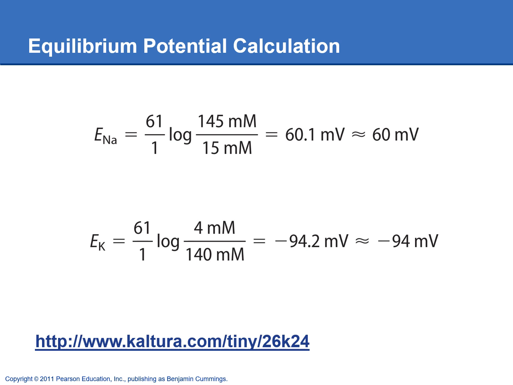So here we have the example of the Nernst equation being used to calculate the equilibrium potentials for sodium and also for potassium. So you can see that the equilibrium potential for sodium is plus 60 millivolts. And so if the membrane potential is at plus 60 millivolts, then sodium would be at equilibrium, and there would be no net movement of sodium in or out of the cell.